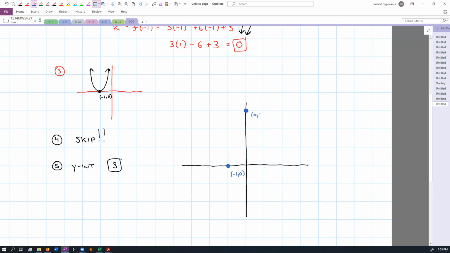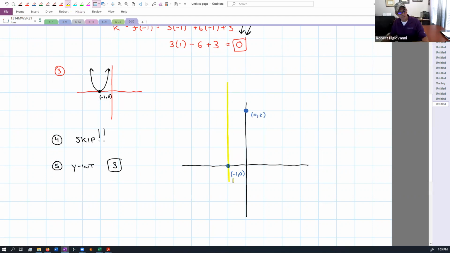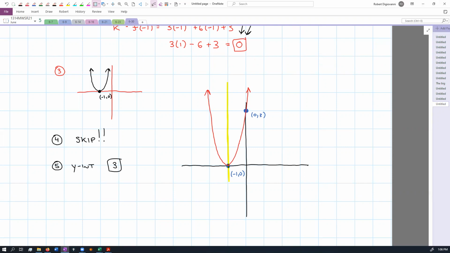Mm-hmm. And now you just come in and try and draw a little parabola that goes through that point and to the right. Make it do the same thing, and you're done. Good, that worked out perfect. Did a good job, Lily. Any questions on that?